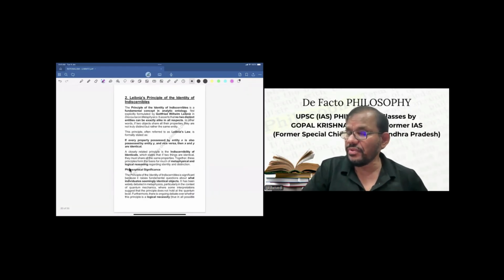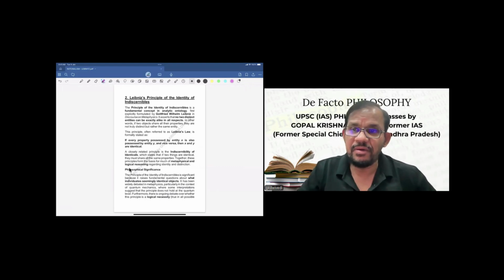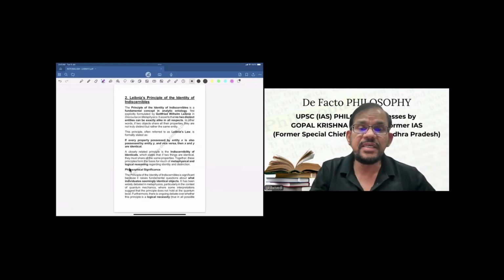Now, we will come to the second important topic of Leibniz, that is the principle of identity of indiscernibles. It is again a fundamental concept in analytical ontology, first formulated by Leibniz and then subsequently developed by various other philosophers.